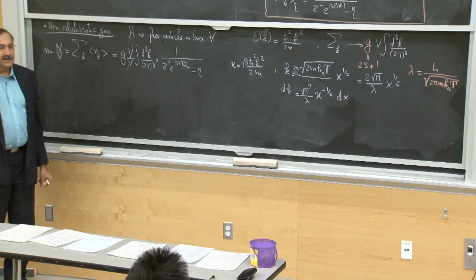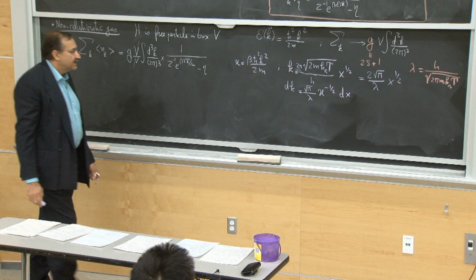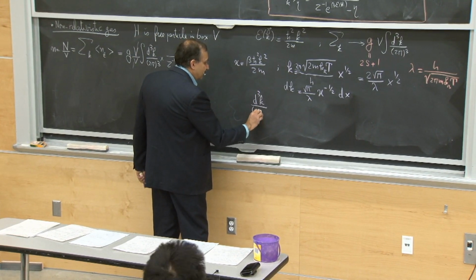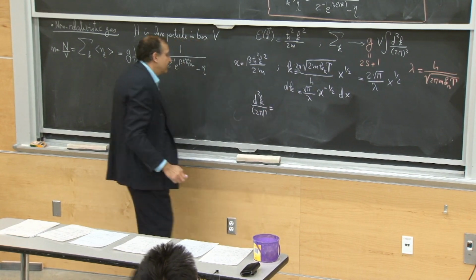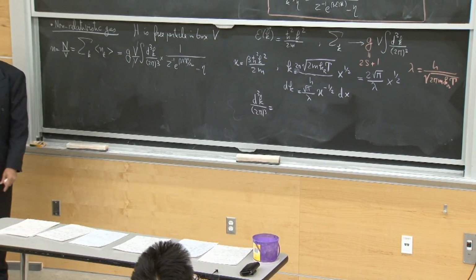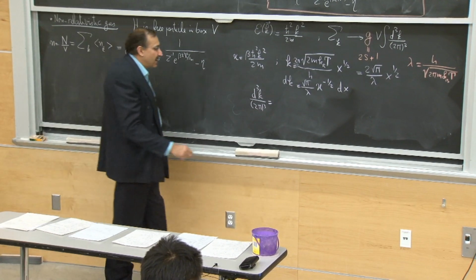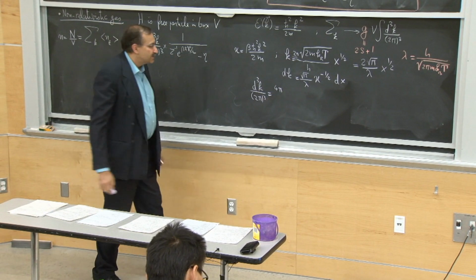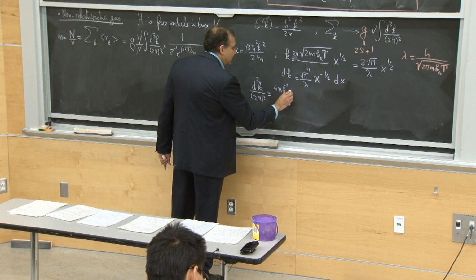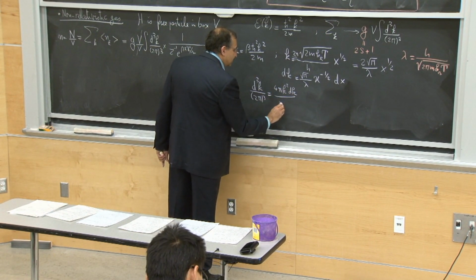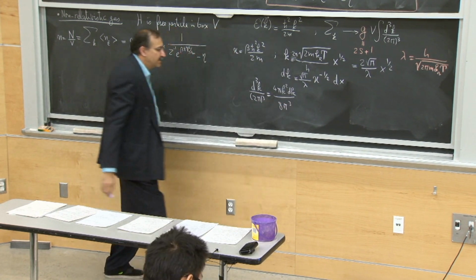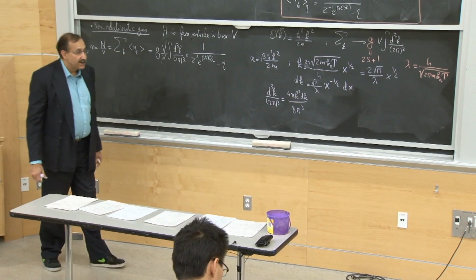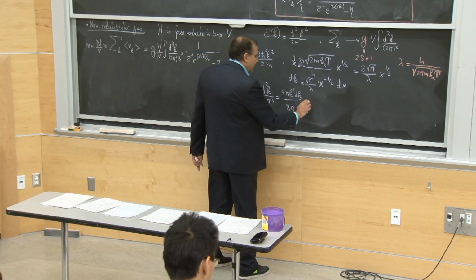Actually, the factor that I need over here is d cubed k over 2 pi cubed. Now, everything only depends on the magnitude of k, so I will take advantage of spherical symmetry and write d cubed k as 4 pi k squared dk divided by 8 pi cubed. And then I substitute for k squared and dk above in terms of this x.